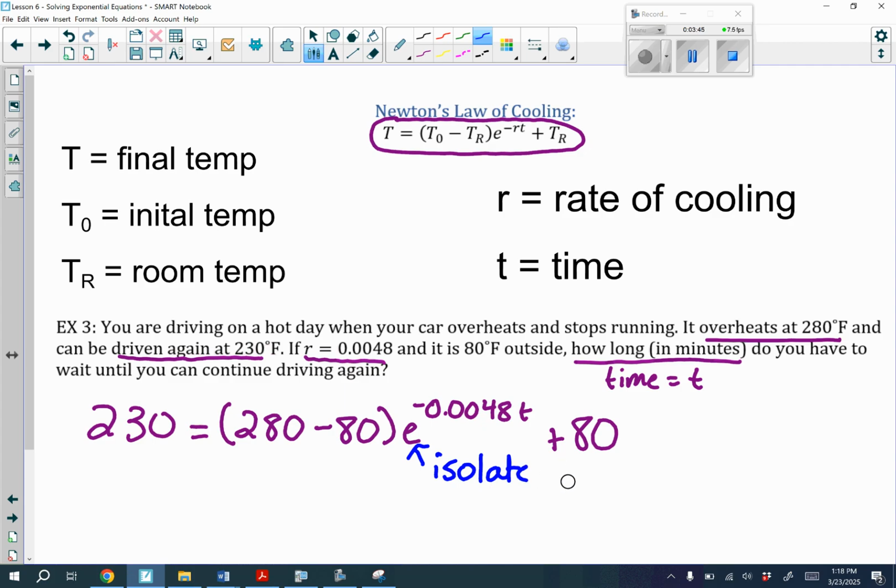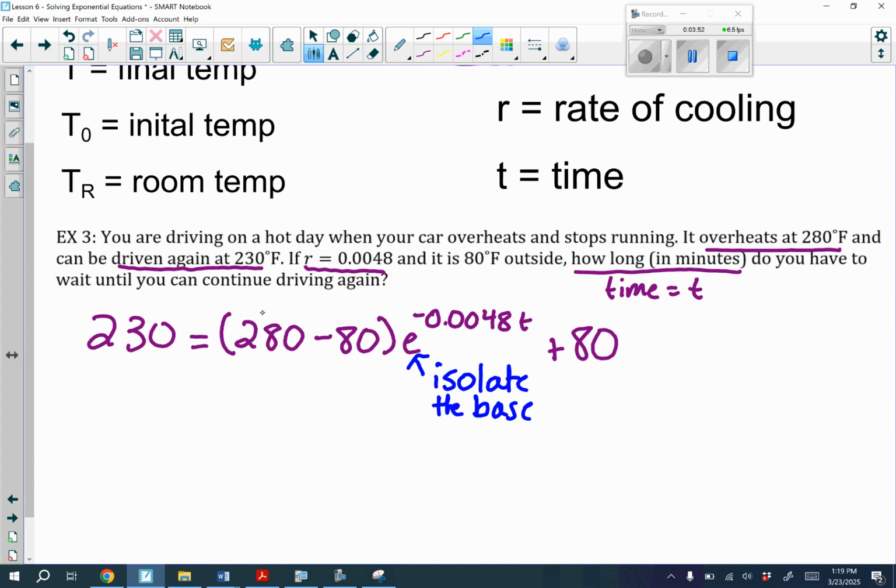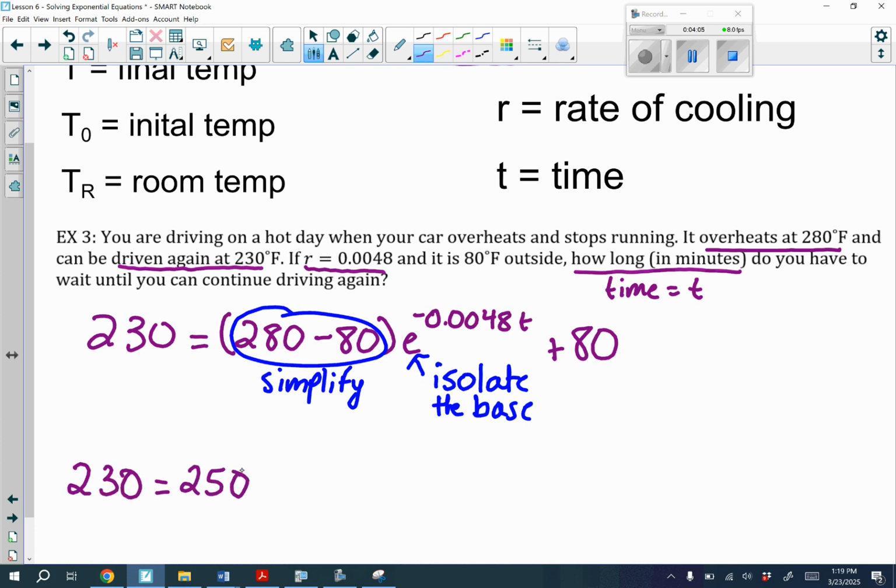In order to isolate the base, I notice 280 minus 80, we can actually simplify this. So I'm going to go ahead and do that. So I have 230 equals 250 e to that negative 0.0048 t power plus 80.